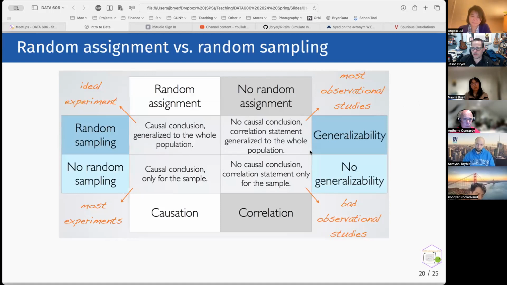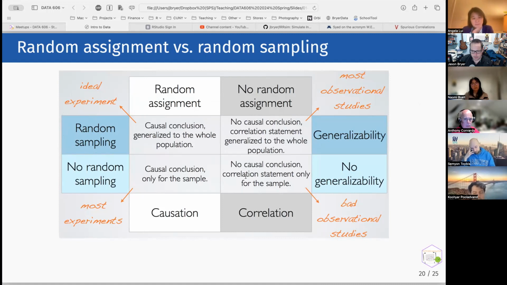And this figure here is trying to summarize these two components of data collection all in one, right? So we could have random sampling or no random sampling. Random sampling gives us good generalizability.